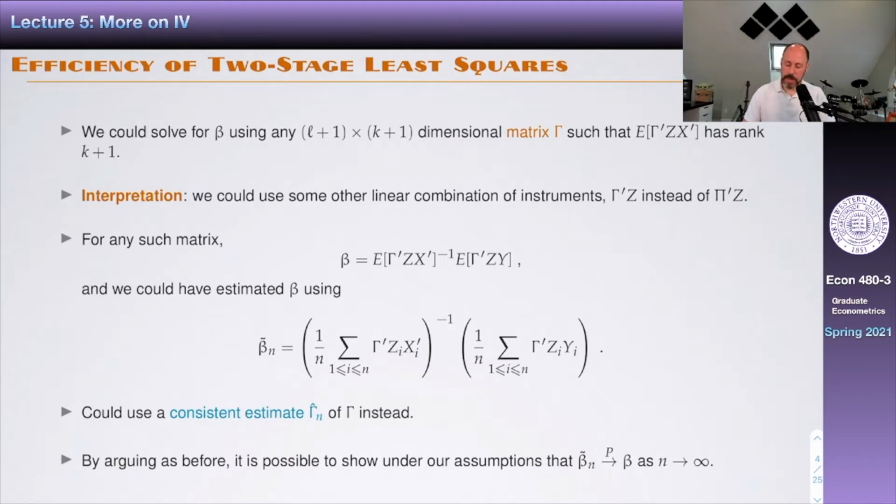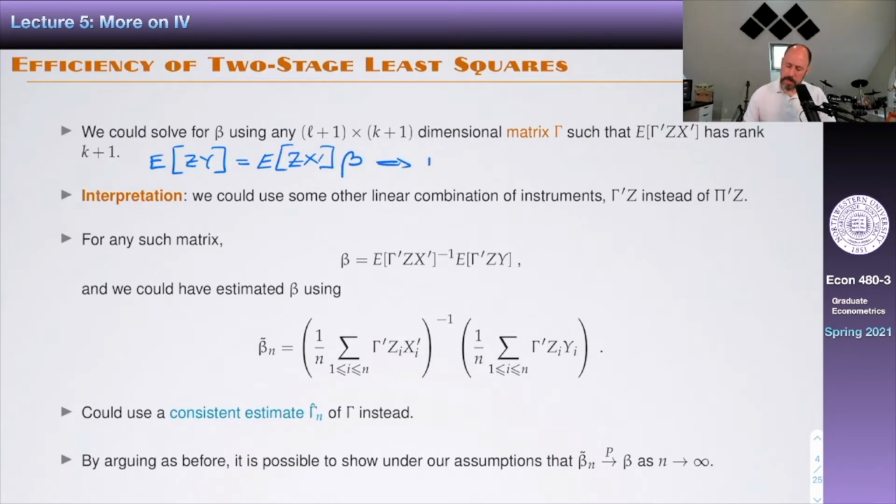So if you remember when we covered IV last time, or two-stage least squares, we said, look, we have the expected value of ZY equals the expected value of ZX prime beta.